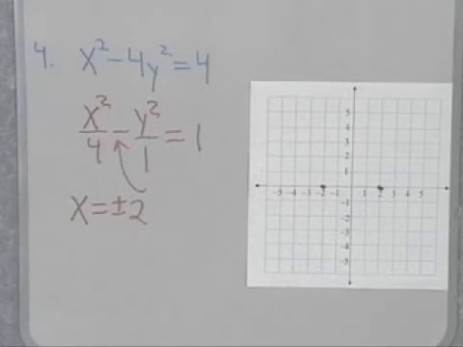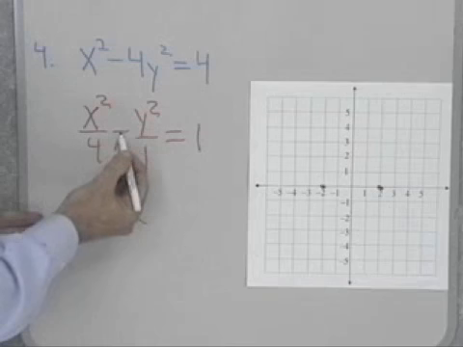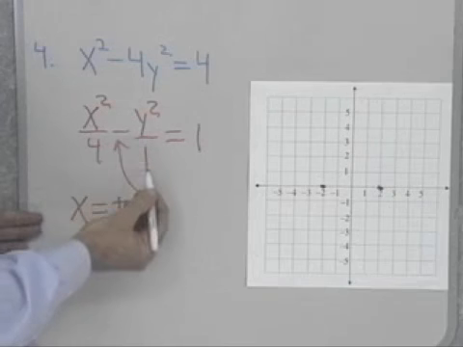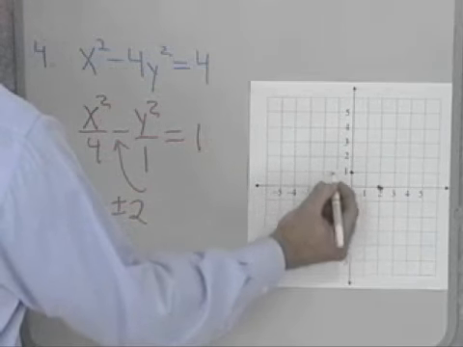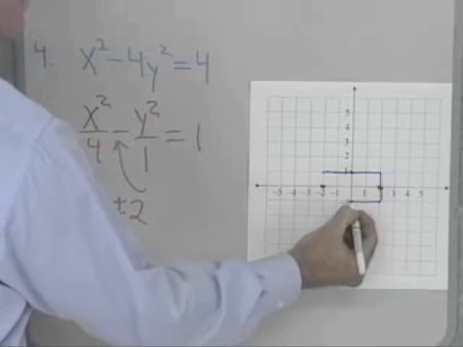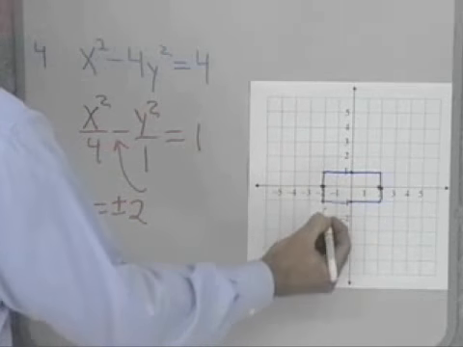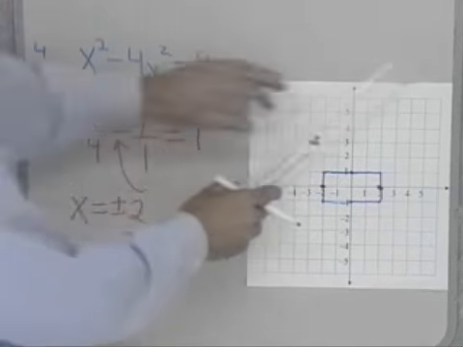So I'll put those dots in. It's not going to cross the y-axis, but if this was an ellipse, if this was a plus sign, it would have intercepts at 1 and negative 1. So I'm going to put those in and use that to draw this box. So I draw the box that looks like that, and then I'm going to connect opposite corners with a straight line.